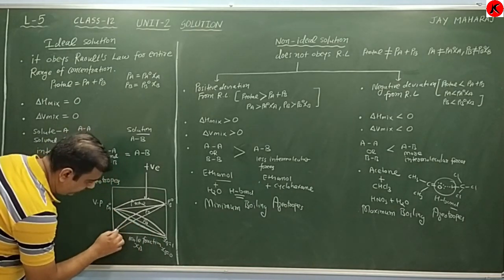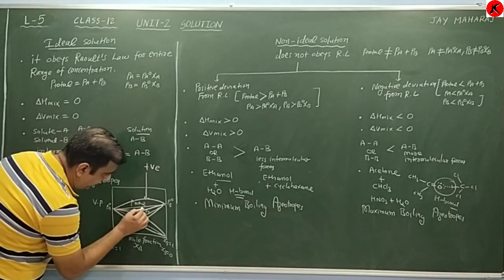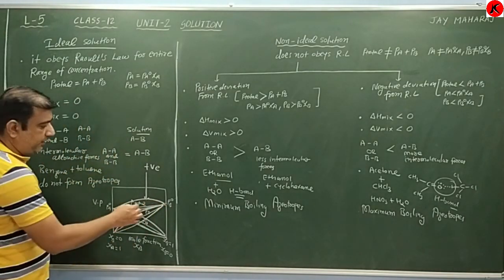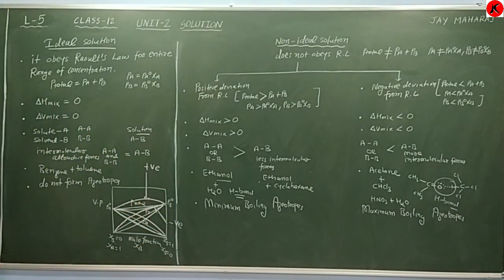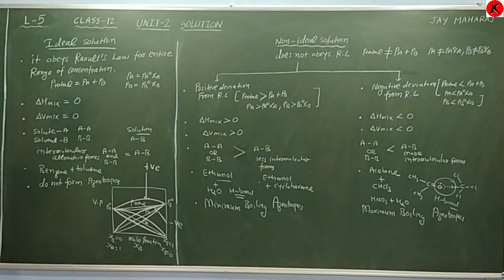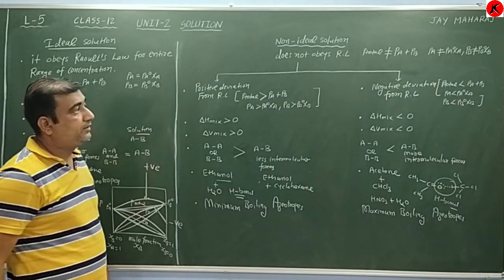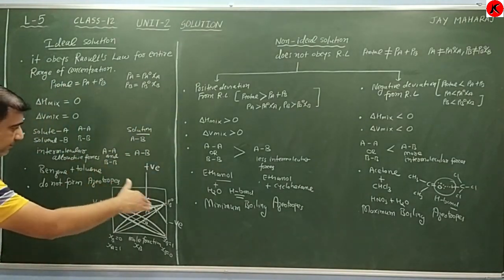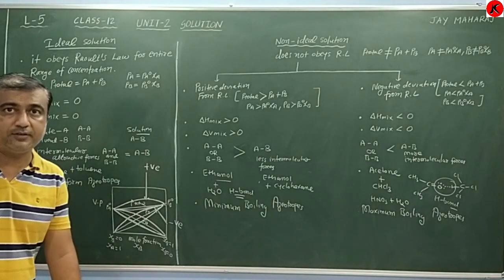That means in case of positive deviation, total vapor pressure is more than calculated from Raoult's law. This is ideal. And in negative deviation from Raoult's law, total pressure decreases. This is the discussion of ideal solution and non-ideal solution.